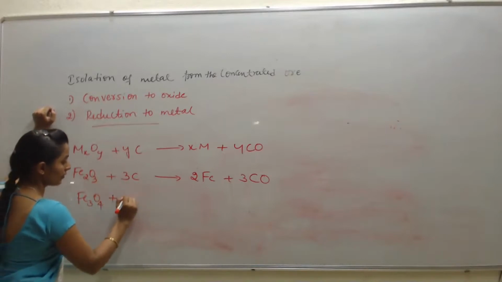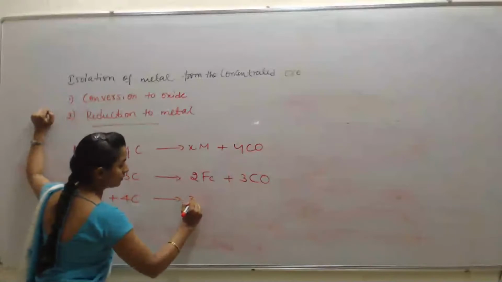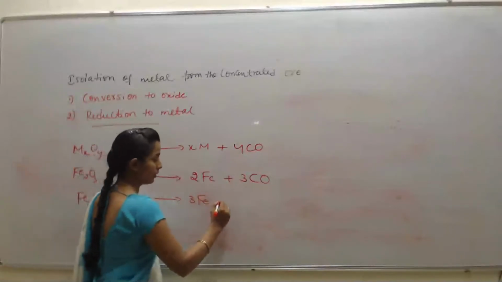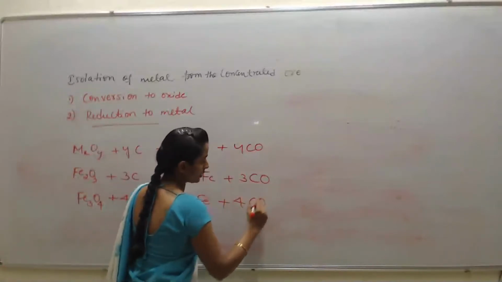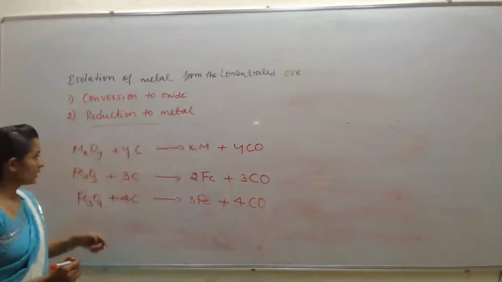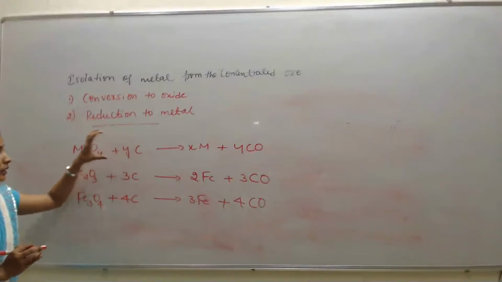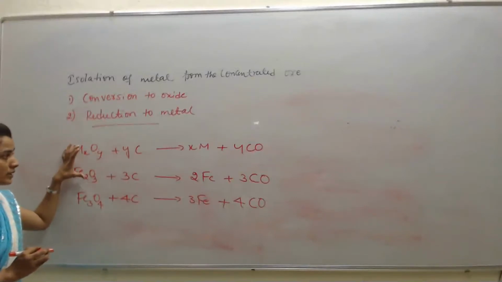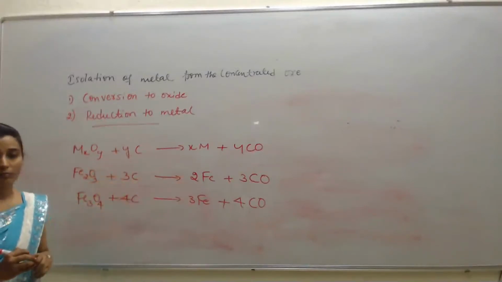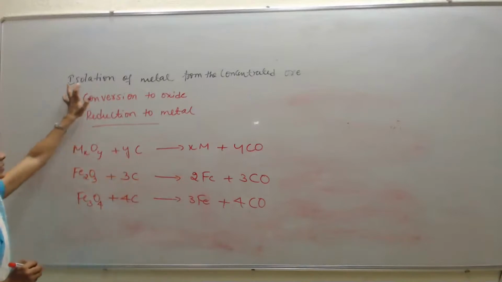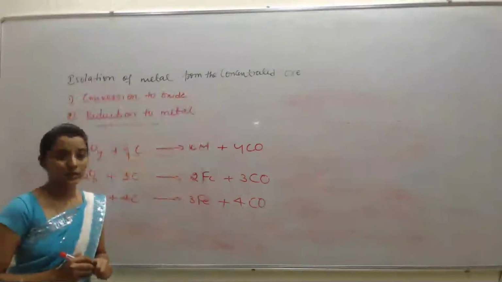To this we require 4 carbon, then it forms 3 Fe plus 4 CO. So this is the equation. By using carbon, we convert this oxide ore into the respective metal. This is the isolation of metal from the concentrated ore.